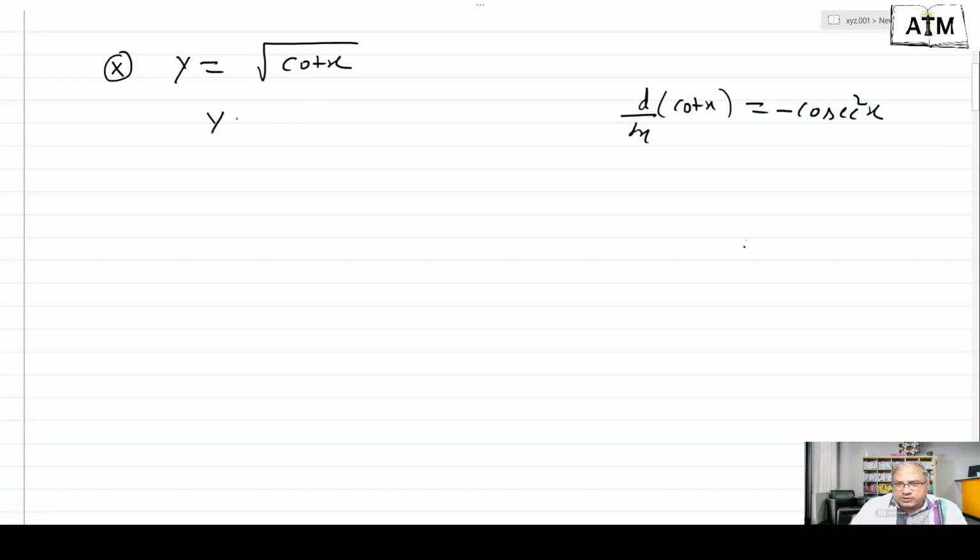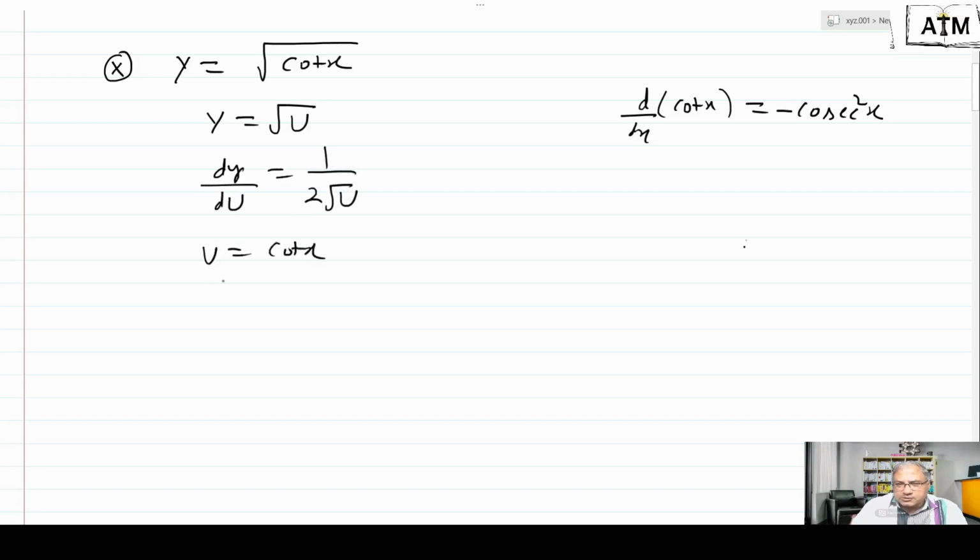So cot x is u, so that is the under root of u. Then dy by du equals 1 upon 2 root u, and u equals cot x, and du by dx equals minus cosec square x. This becomes equation 1 and 2.